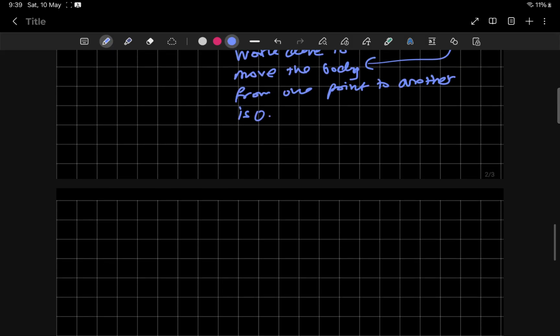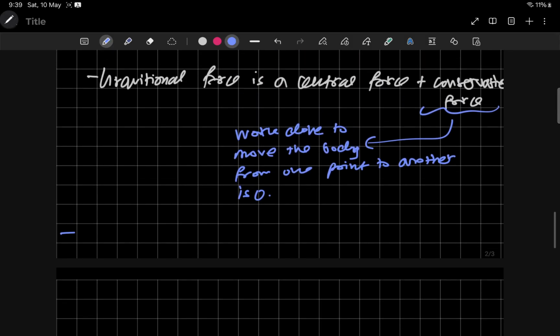One of the most important points here is that conservative forces can be expressed as a gradient of a scalar potential as well.